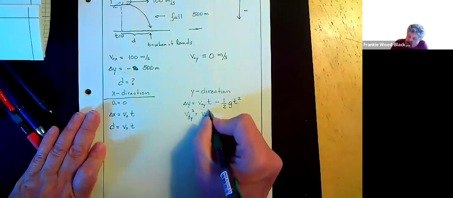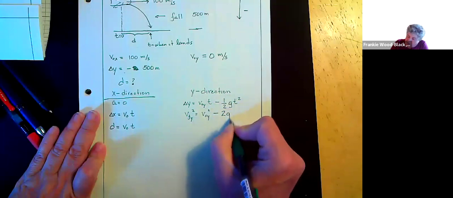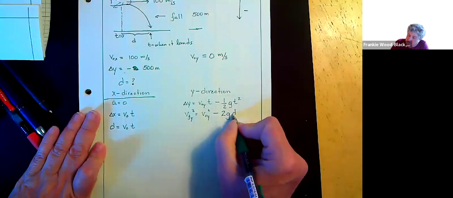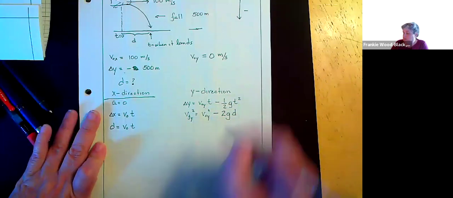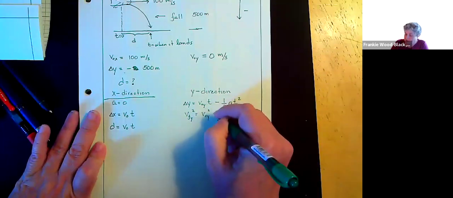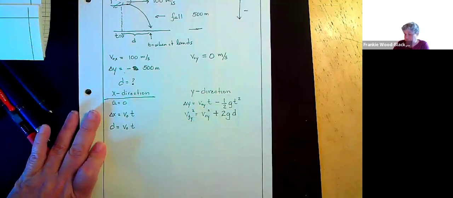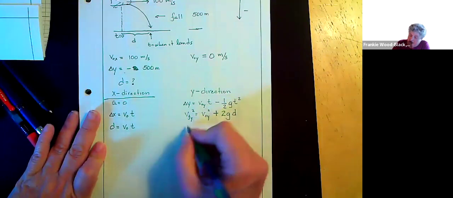I have my final velocity squared in the y direction is going to equal my initial velocity squared in the y direction minus 2g d, but that d is negative, so that's going to be positive. And I have my final velocity is equal to my initial velocity in the y direction minus gt.